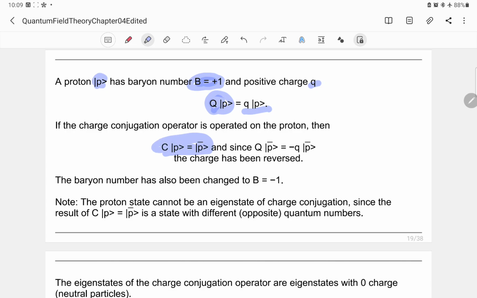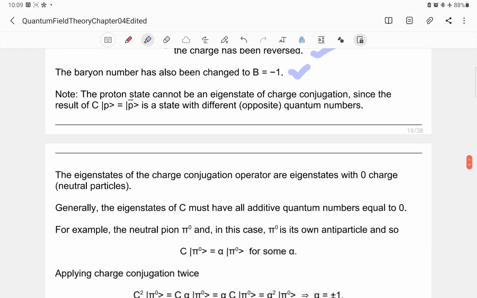And since your QP equals the charge of the proton times P, your Q of antiproton will give you a -Q. So the charge has been reversed, and the baryon number is changed to -1. All of the quantum numbers are supposed to have opposite sign if you do the charge conjugation operator.